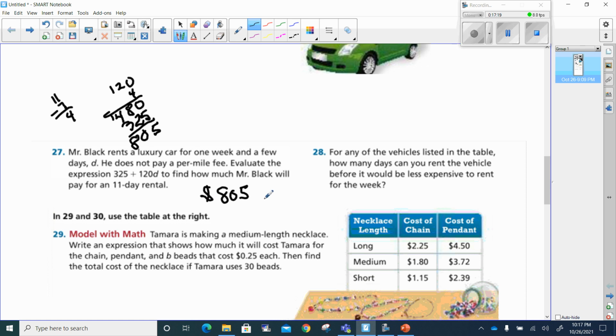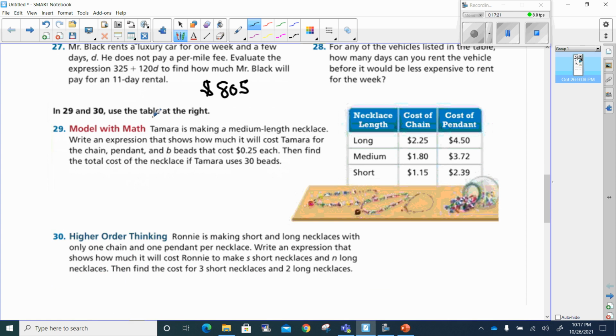All right, going to number 29. It says Tamara is making a medium length necklace. Write an expression that shows how much it will cost Tamara for the chain, pendant, and some number of beads that cost 25 cents each. Then find the total cost of the necklace if Tamara used 30 beads.